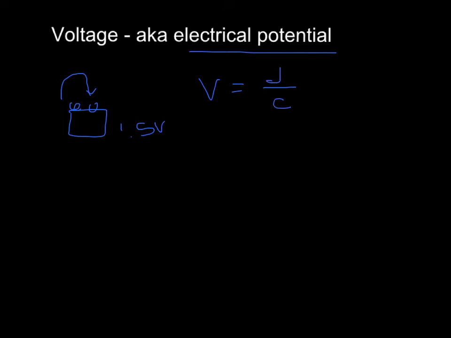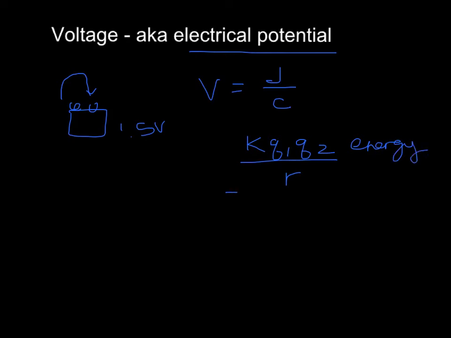So volts and joules per coulomb are the same thing, and we're going to use this idea to also derive our equation, because for joules, remember from the previous slide, we had K Q1 Q2 over R for our energy.